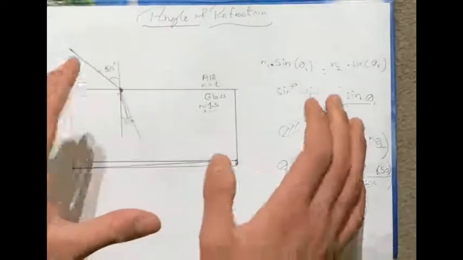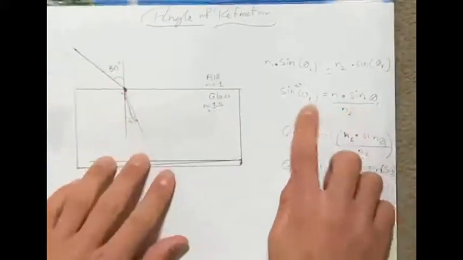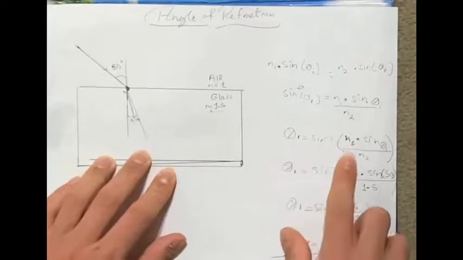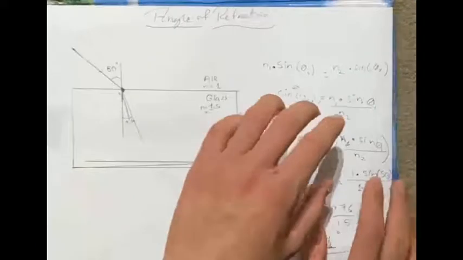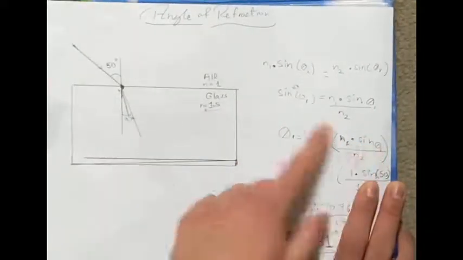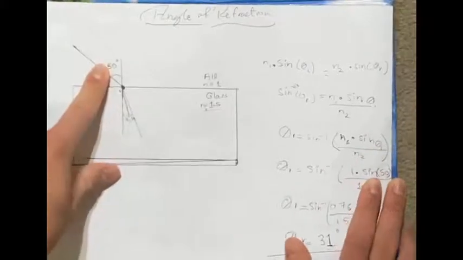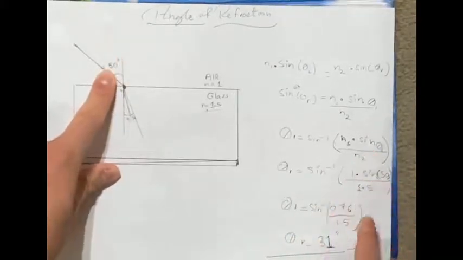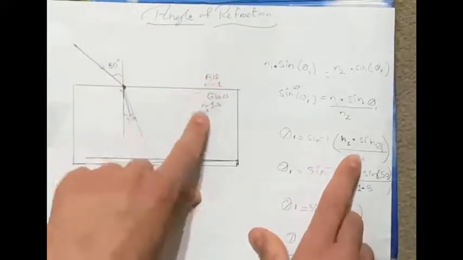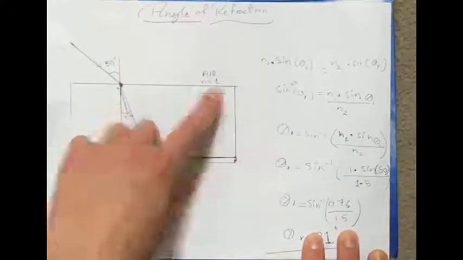We rearranged the formula in this way, and we use the inverse function for sine. So we use sine here with the angle, and we got 50 degrees. So what I first did is that N1 was air and N2 was the glass.